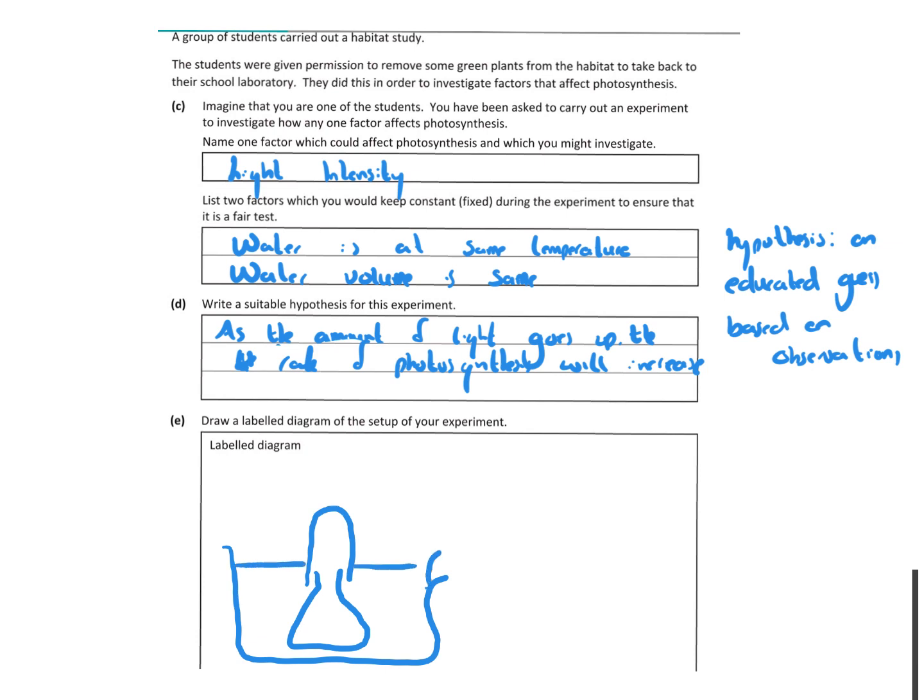Just extend that up slightly. And there's also going to be water inside the test tube here. Our pondweed is going to be down here, and that's going to produce bubbles. And over here we're going to have our ruler, which is going to record the length that the light source is away from the experiment.